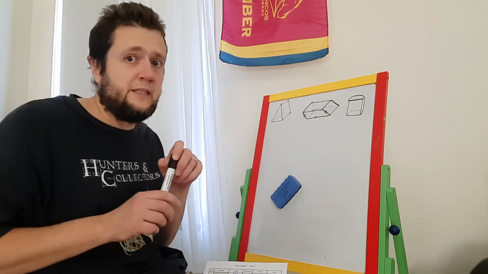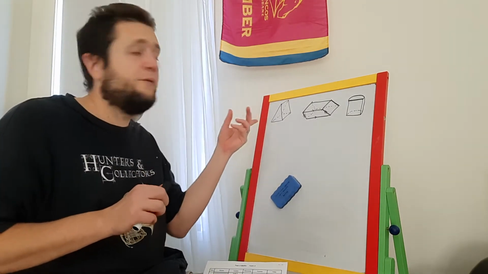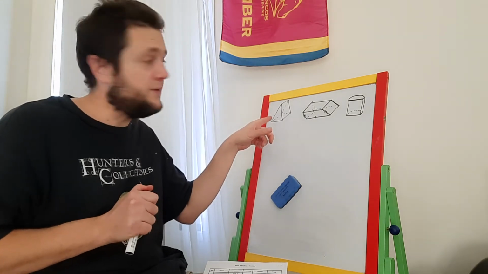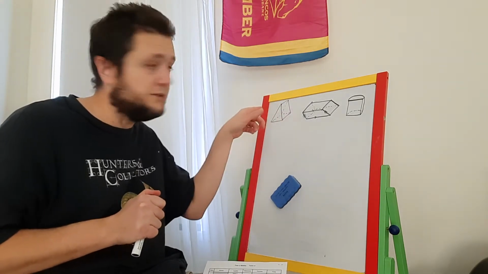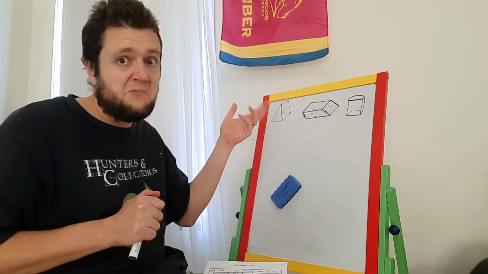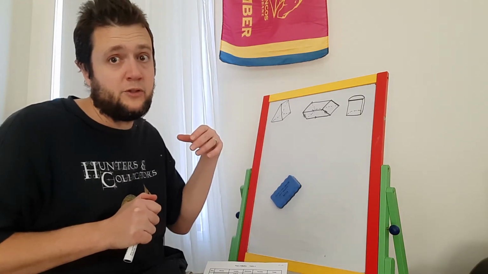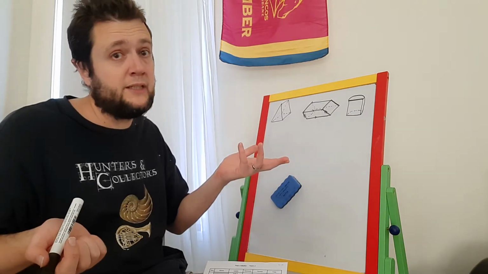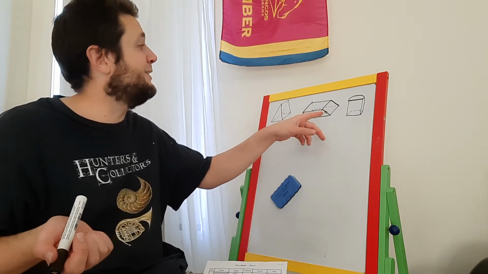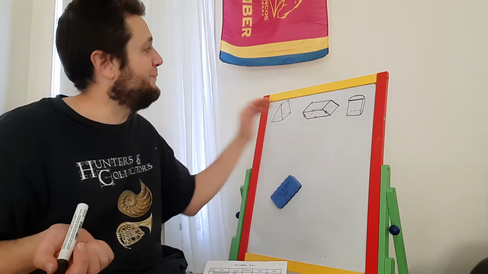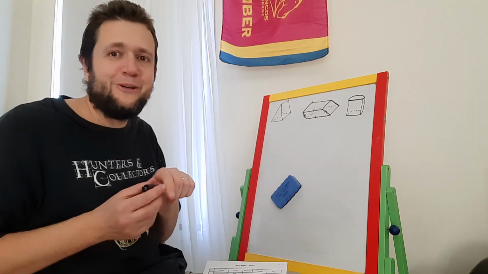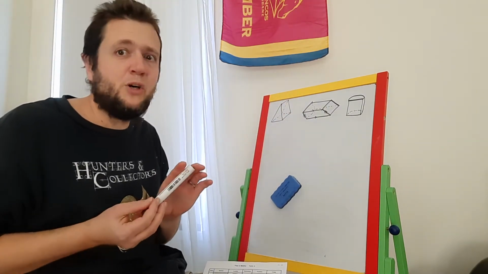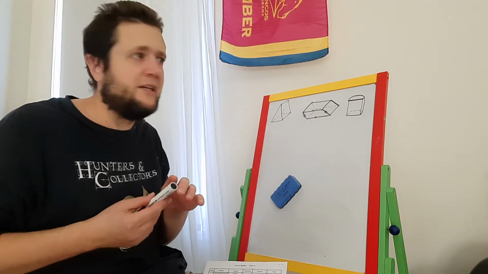So here for example, some sort of triangular prism. There's 2 triangles there at the front and back. You need to remember how to calculate an area of a triangle to do that. The rest are rectangles. You need to know how to work out the area of a rectangle. This here was meant to be some sort of parallelogram that's 3-dimensional going backwards. Again, you might need to know how to work out the area of a parallelogram there.